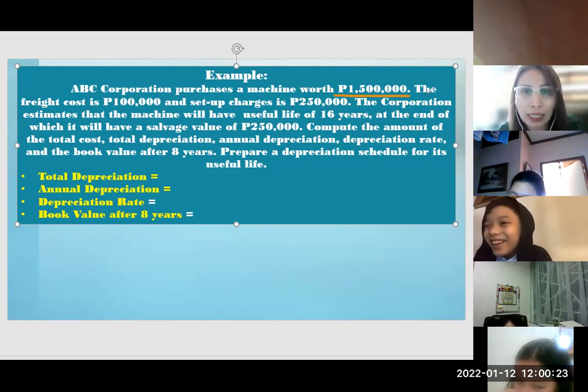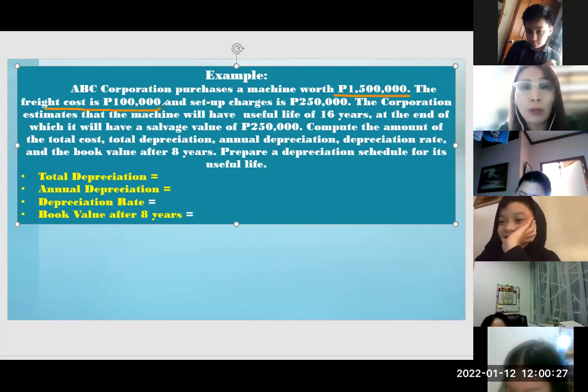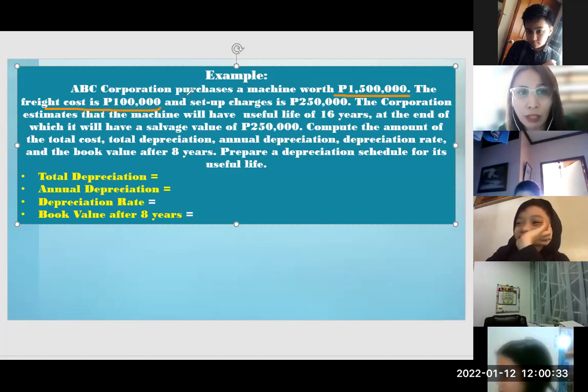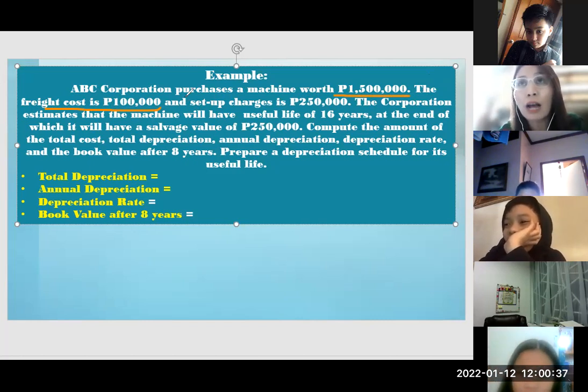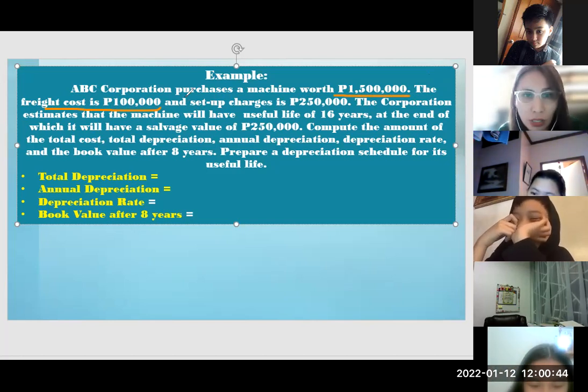Okay, not yet kasi meron tayong freight cost inclusion. We need to add this one. The freight cost, 100,000 pesos. Ayan, mahal siya, freight cost. What is freight cost, class? Freight cost is the accounting term for delivery. Ayan, delivery cost or the transportation cost.